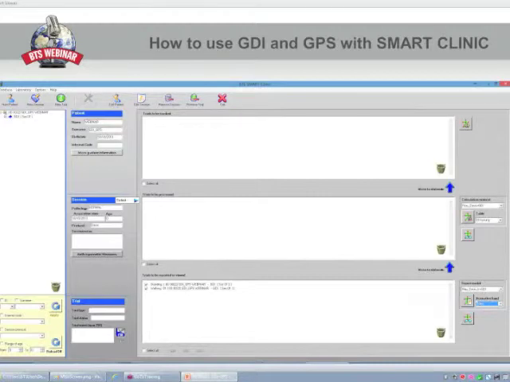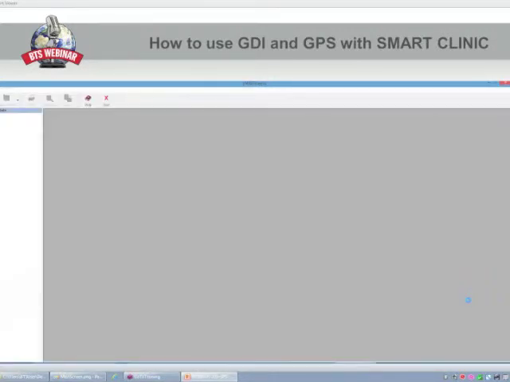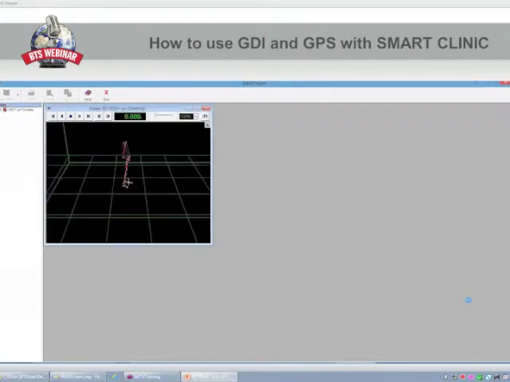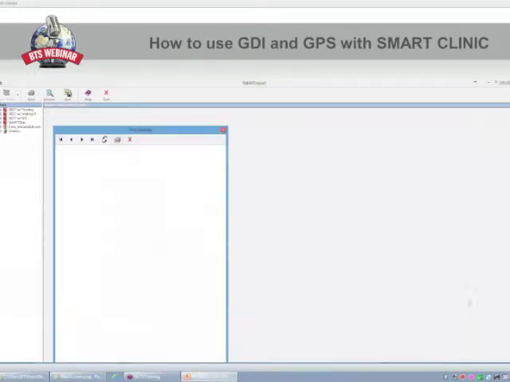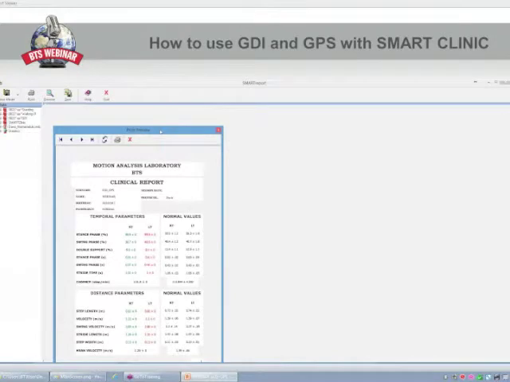And the next step is to select the desired normative band. In this case, I'm going to select the one for the adult. Okay, so as soon as you click on the button, the two trials will be automatically loaded within the report.